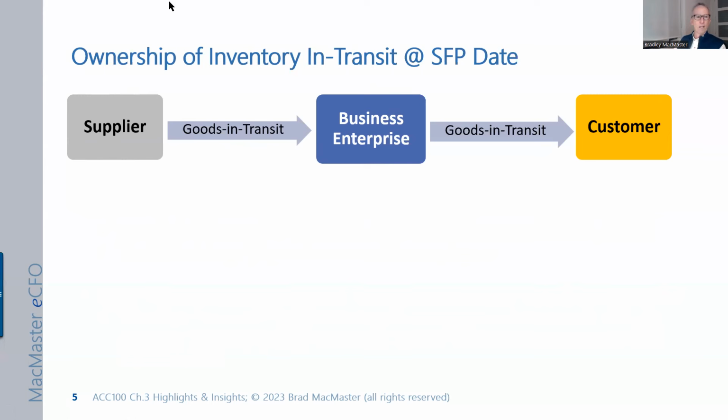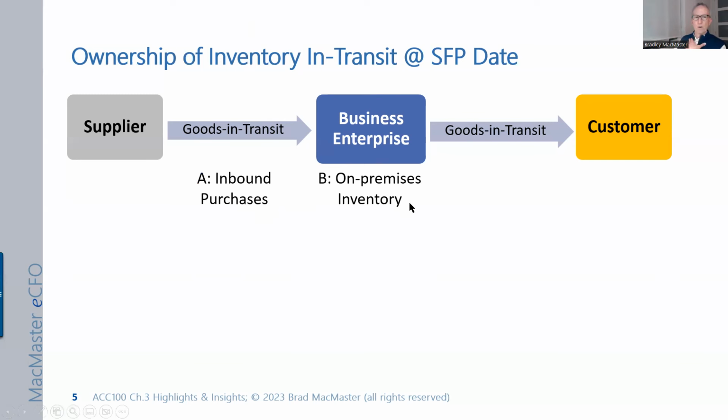So if we don't think about considering these goods in transit and we limit our inventory on our statement of financial position to just the goods that are on our premises, we might understate the inventory. Okay, so when we do a physical count, we will count all the goods that are physically on our premises, and then we have to consider whether or not any of our inbound purchases actually belong to us.